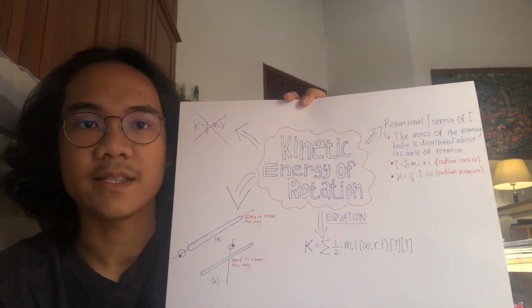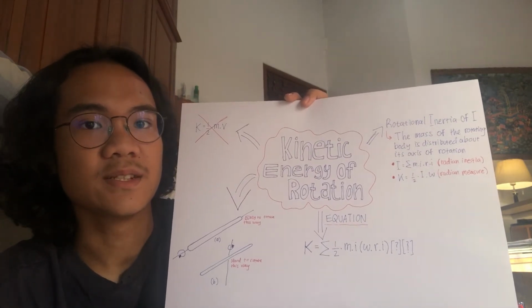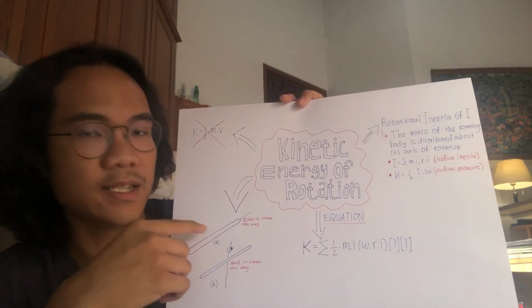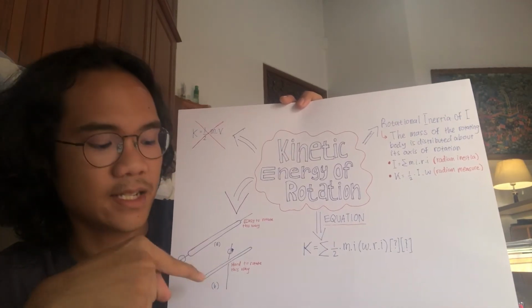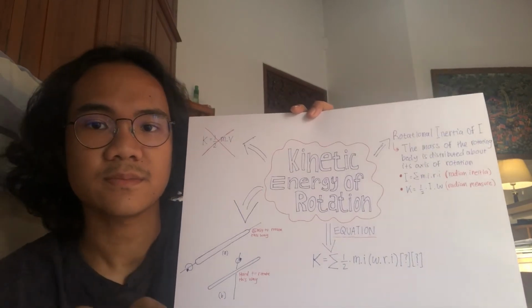The reason is that the mass is distributed closer to the rotation axis in rod A than in rod B. So it is easier in A.